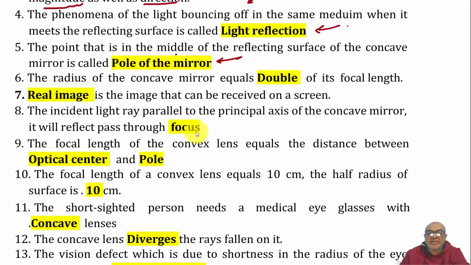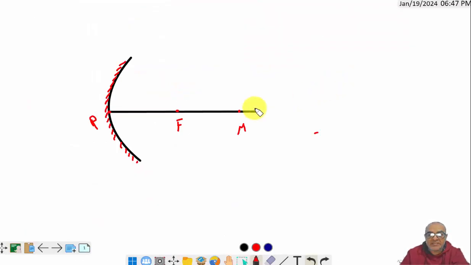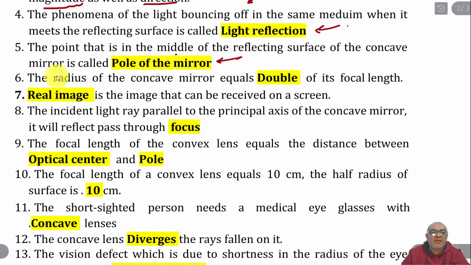The question says the radius of the concave mirror equals double the focal length. This is the radius, the distance between the center of curvature and the pole, and the focal length is the distance between the focus and the pole. So the radius of the concave mirror equals double the focal length.